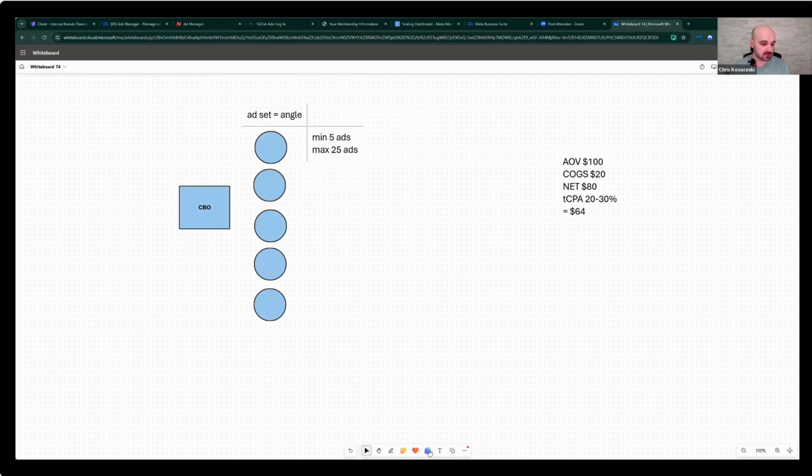Okay. So ad sets we can do this shape. Sorry, ads. Let's say we've got 25 in each.